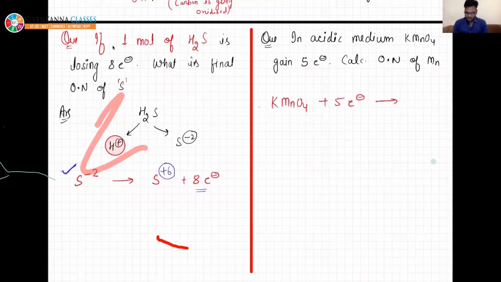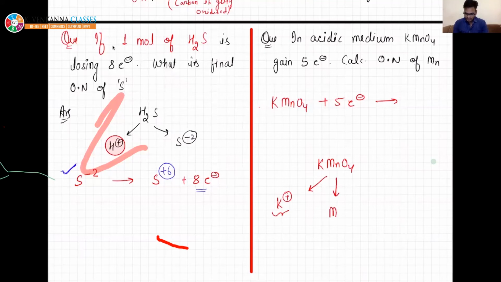Now there can be a doubt. KMnO4 is gaining, that is why I have written it on the reactant side. K+ is a metal, it will not gain unless someone else is not present. You give priority to other atoms, because K shows +1 oxidation number, that is fixed.